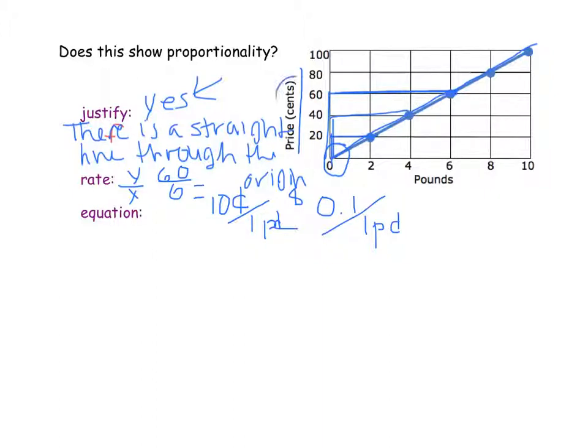So since this says cents, I'm going to write the equation using this way. So the equation is going to be my y, it is 10 cents for every pound, where that coefficient is my rate. The coefficient is my rate.